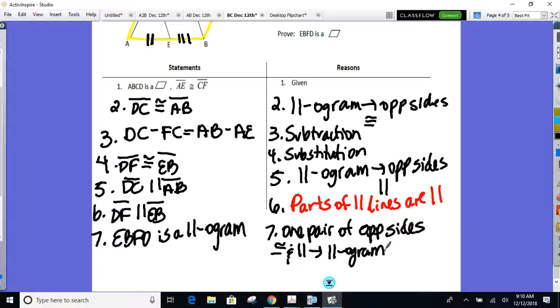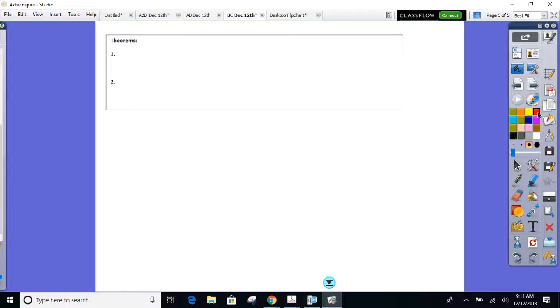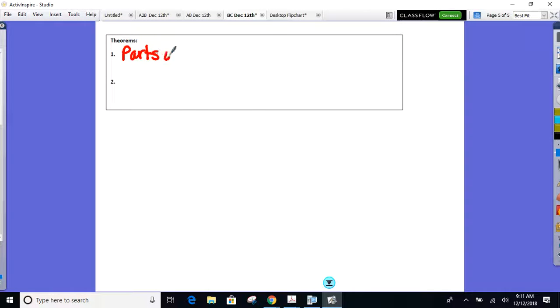Okay, so two theorems. One we already used, and that is parts of parallel lines are parallel. Teddy, go ahead, ask your question again.